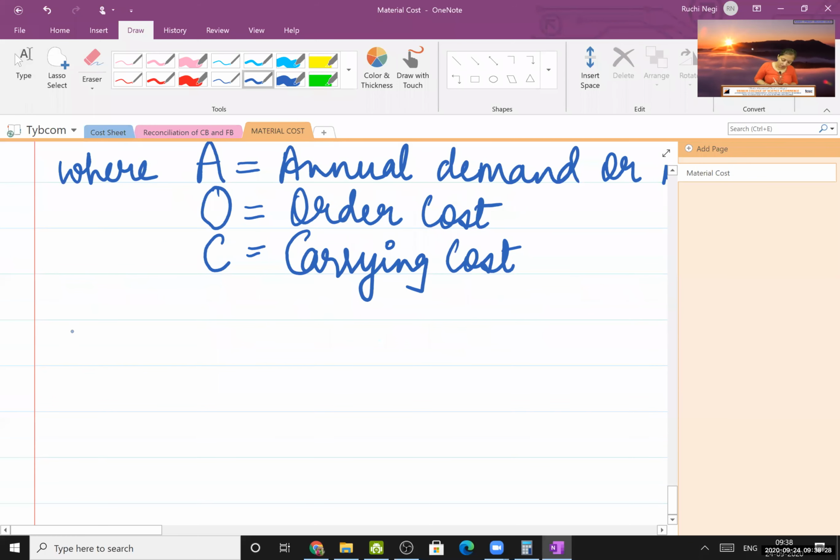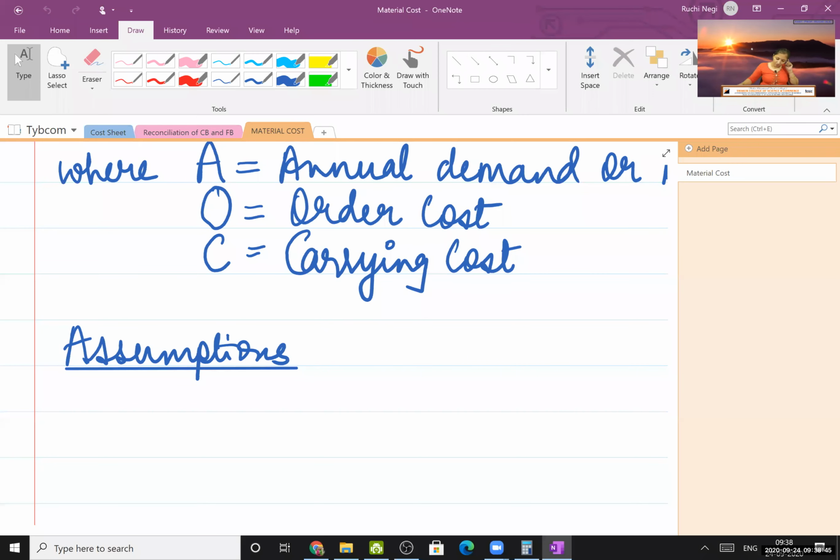Right? Assumptions for this. So the assumptions that you have is, first assumption that you have knowledge about the annual consumption.